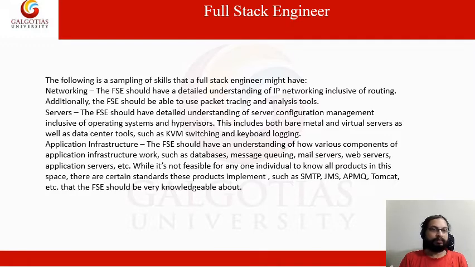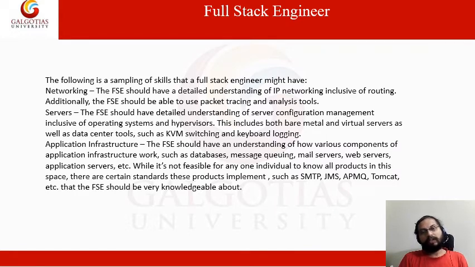Okay. Next, we will see the application infrastructure. Application infrastructure is the understanding of the various components of your applications, to be worked with your database, your mail servers, your web servers and other applications, etc., including the standards of that particular system which have to be implemented in the application infrastructure.